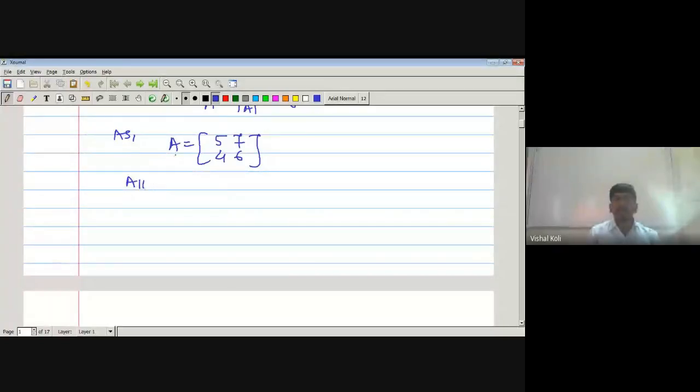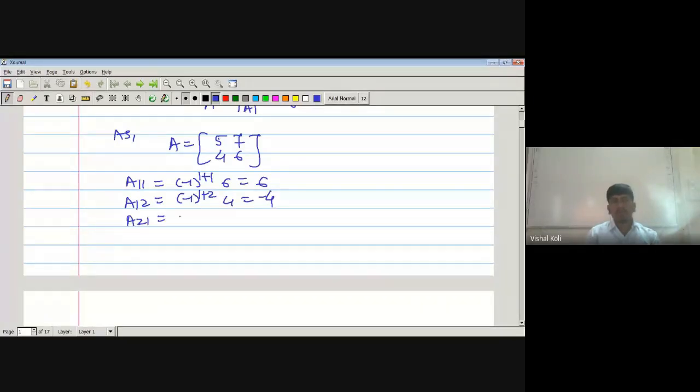A11 will be the cofactor of the element a11, which is minus 1 to the power 1 plus 1 into its minor. Its minor will be 6, so minus 1 to the power 2, which is plus 1, into 6. A12 equals minus 1 to the power 1 plus 2 into 4, which is minus 4.